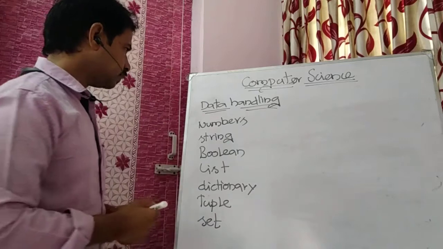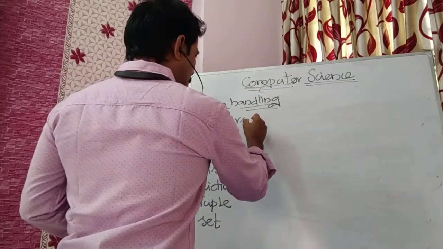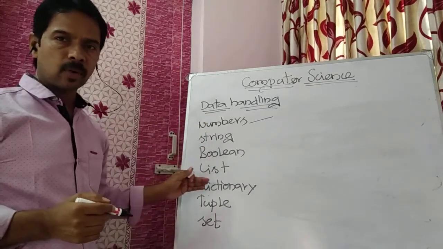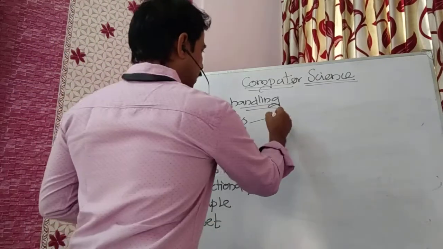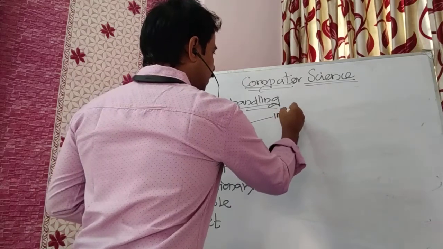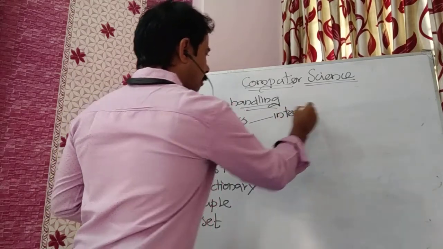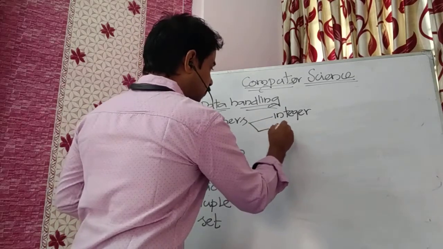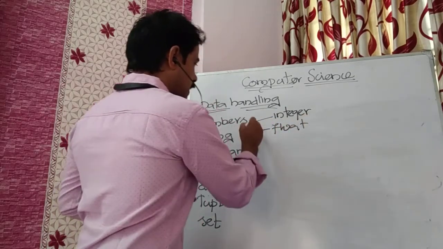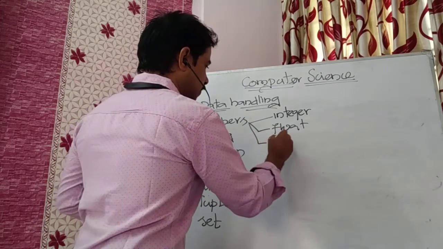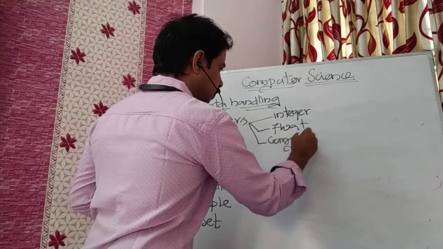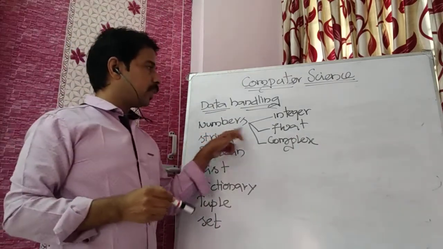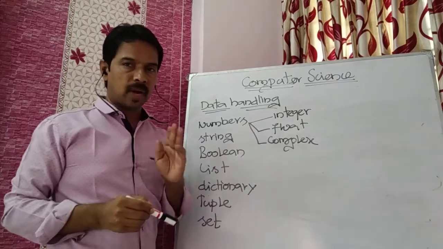Fine. See, under numbers we have three categories. One by one we will list out from the beginning. Under numbers, you have integer, you have decimal point value, that is float, and complex. Numbers in the sense we have three different types of numbers.